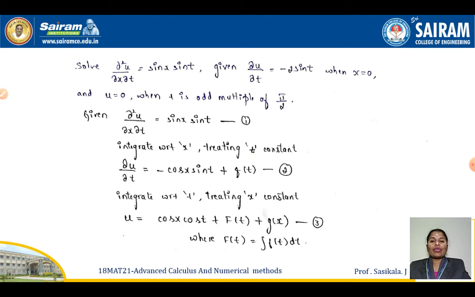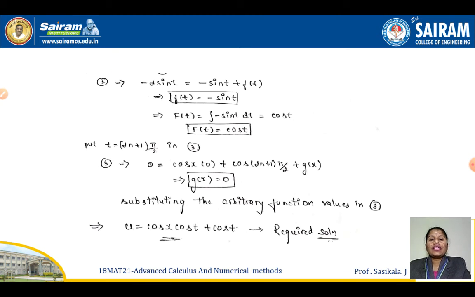Now you can go with one more substitution: u is equal to 0 when t is an odd multiple of pi by 2. That means t is supposed to be an odd multiple. Odd multiple means the coefficient of pi by 2 should be an odd number, right?